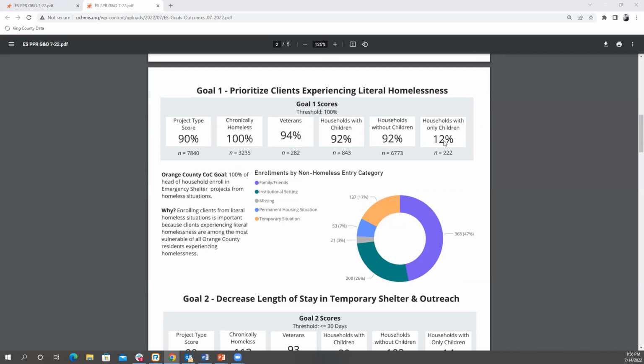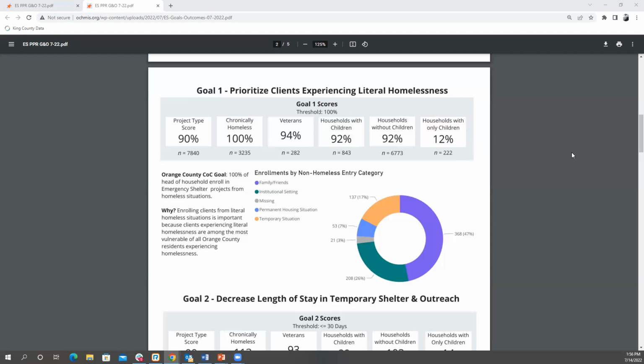This is because the emergency shelters that serve households with only children are RHY funded, meaning runaway homeless youth. And those clients, because of that funding, don't have to enter from a homeless situation. A lot of them are coming from friends or families, which is why the percentage of non-homeless entries is so large.